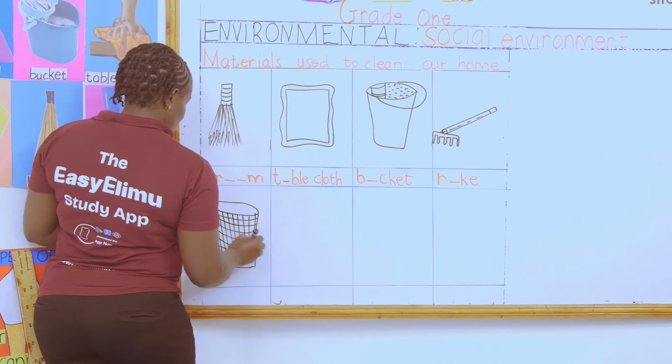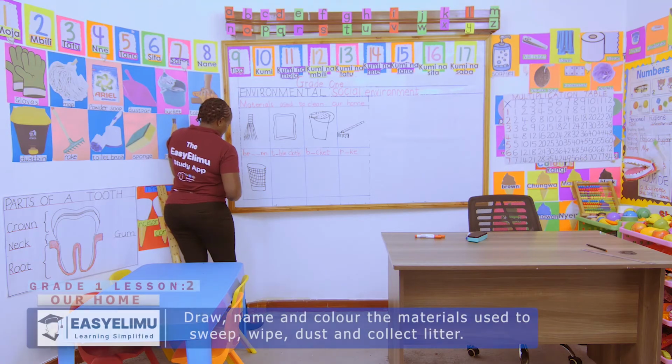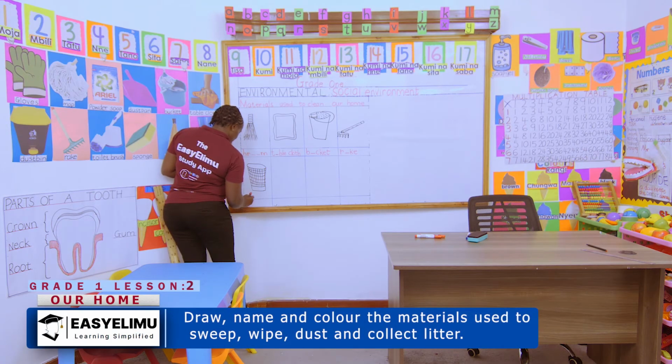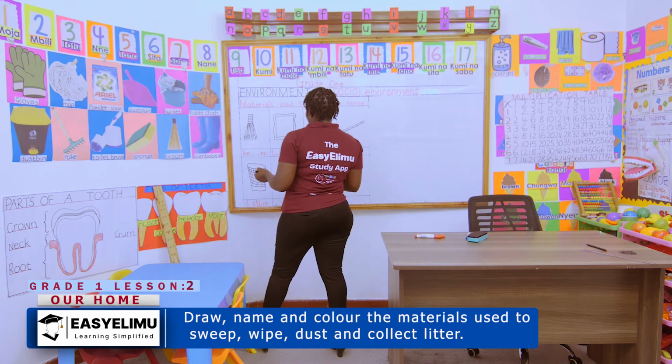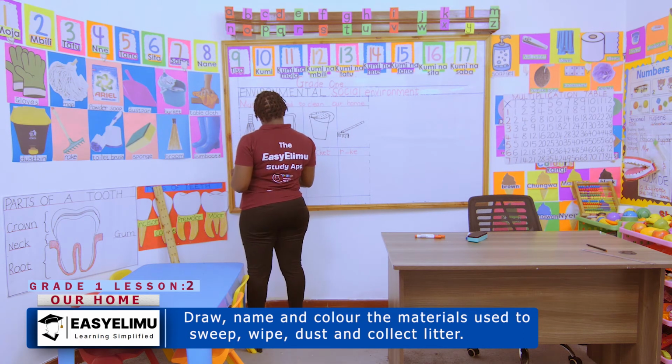That place is called the dust bin. The dust bin is the place where I will put the rubbish that I collected from the house that I swept.